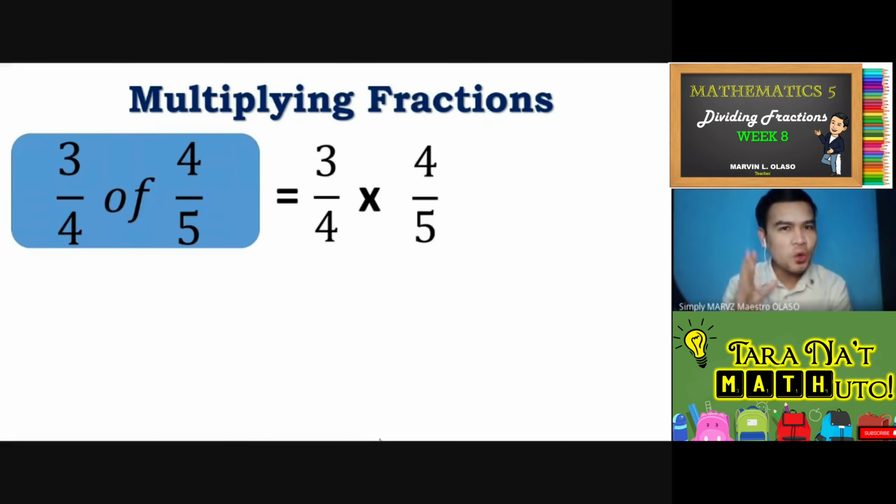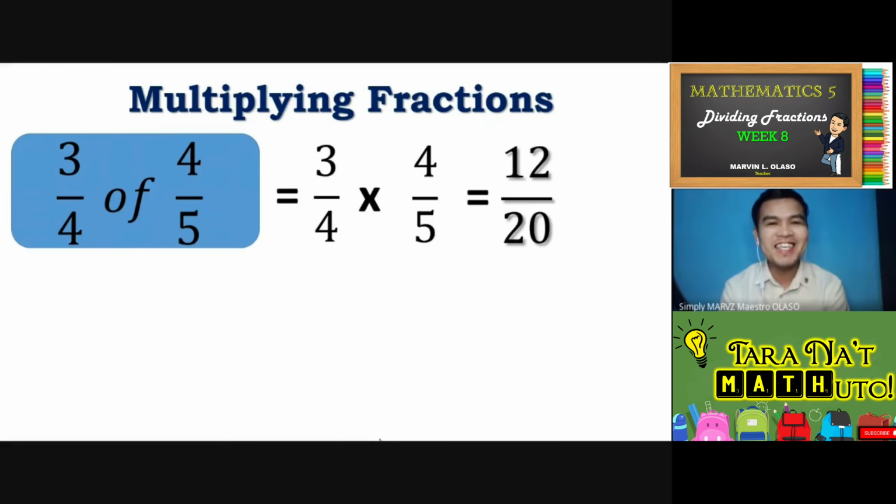3 times 4 equals 12. Very good. Then multiply also the denominator. 4 times 5 equals 20. So we have 12 over 20 or 12 20ths. Now check if it is already in lowest term. No, so we can still divide 12 and 20 by their GCF.